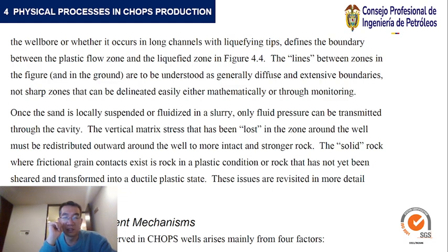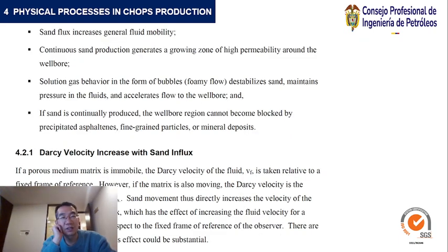Flow enhancement mechanism. The flow enhancement observed in CHOPS can be addressed mainly from 4 factors: sand flux increase, general fluid mobility, continuous sand production generates a growing zone of high permeability around the wellbore, and solution gas behavior in form of bubbles destabilizes sand, maintains pressure in the fluids, and accelerates flow to the wellbore.